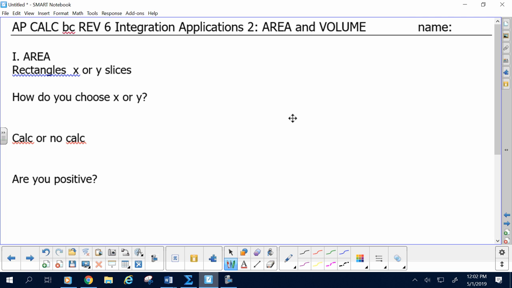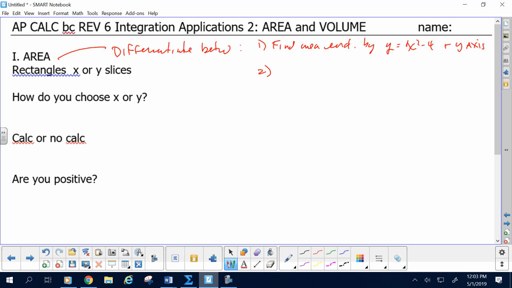Okay, first, when I say area, you need to differentiate between two types of questions. One question is: find the area enclosed by y equals x squared minus 4 and the y-axis.